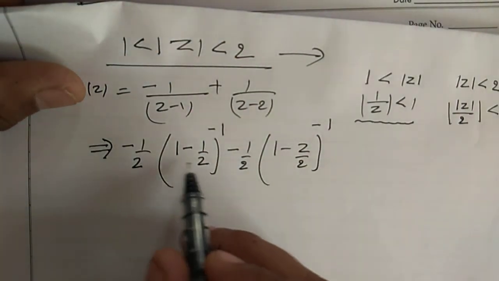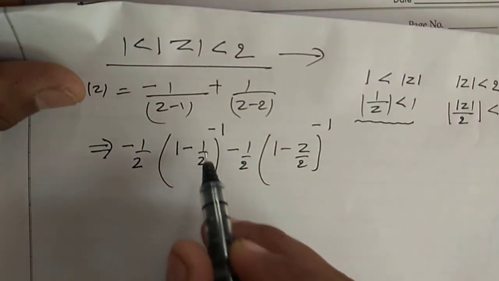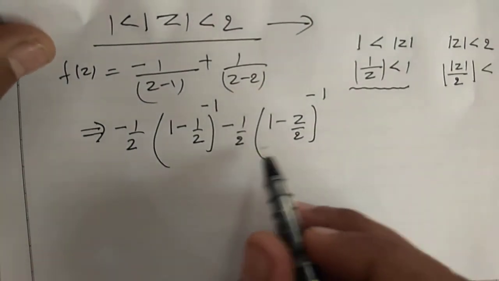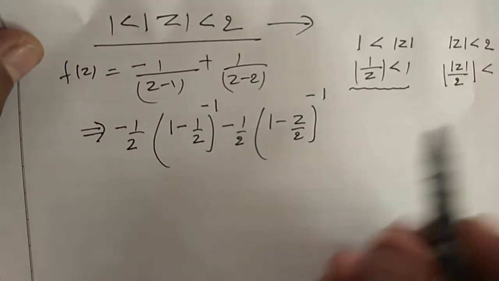Now here, in the 1 plus x form, x = 1/z is less than 1. Here, in the 1 minus x form, x = z/2 is less than 1.